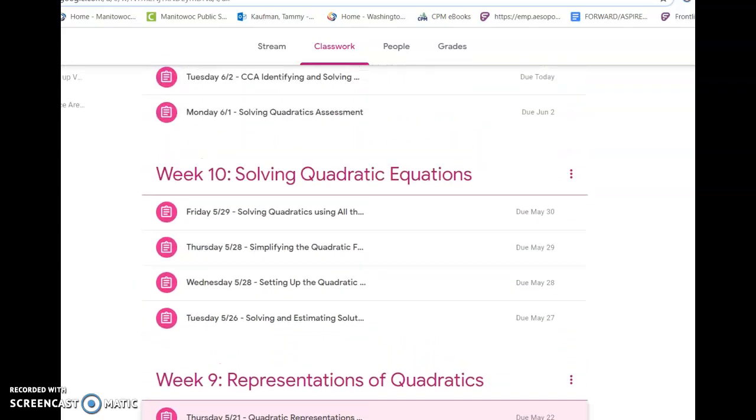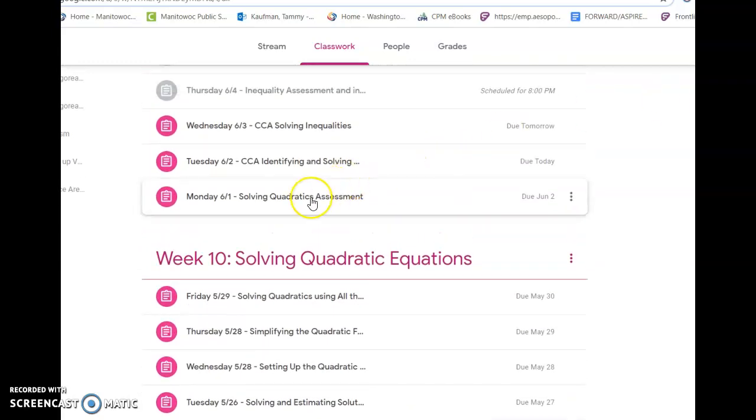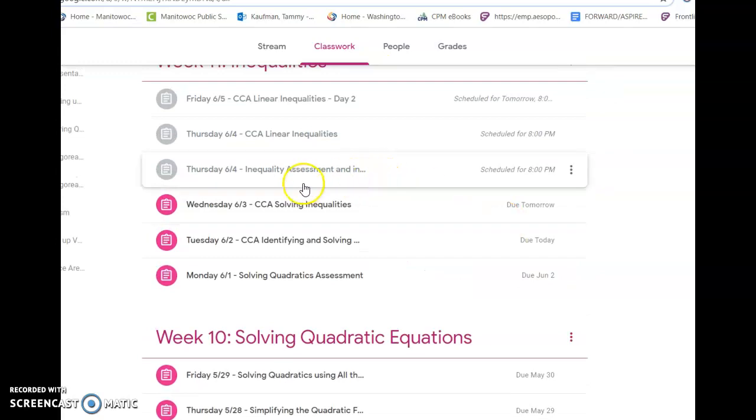And then all the way up to here, on Monday of this week, June 1st, you took the solving quadratic assessment. And then the last assessment is the one you took today, or actually yesterday, depending when you're watching this video. It's the inequality assessment on June 4th, and you can use that for both of those questions that talk about inequalities.